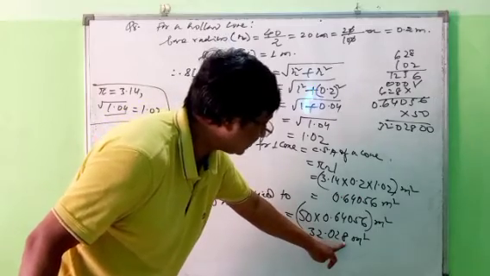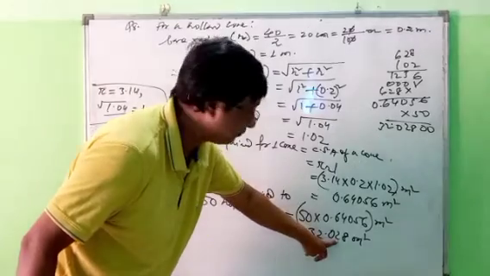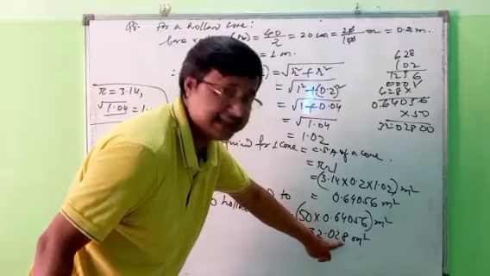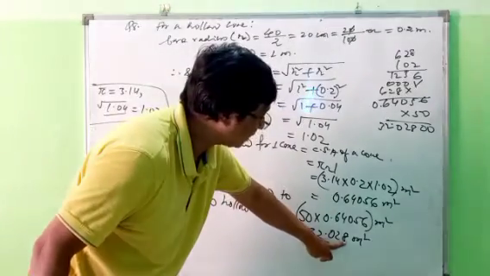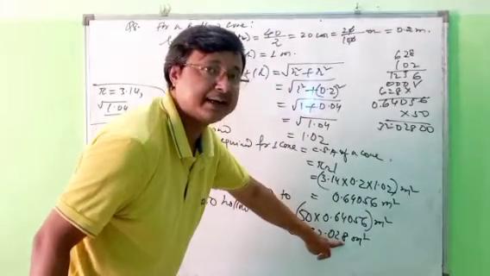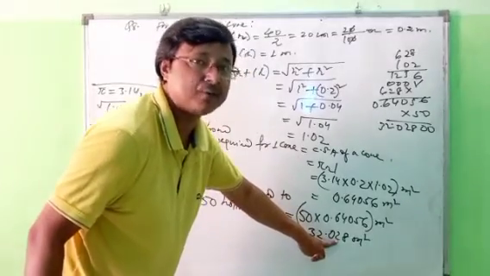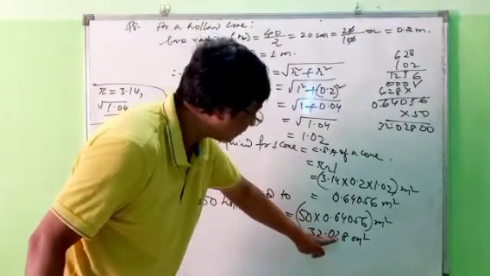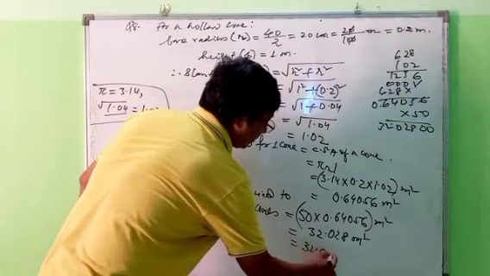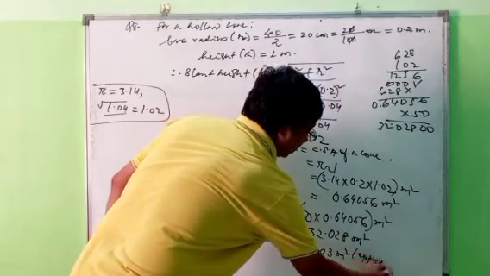Since 8 is more than 5, you can increase the previous digit. If the digit is 6, 7, 8 or 9, and the previous digit is 2, you can just increase it by 1. That is 32.03. So it will be 32.03 meters square approx.